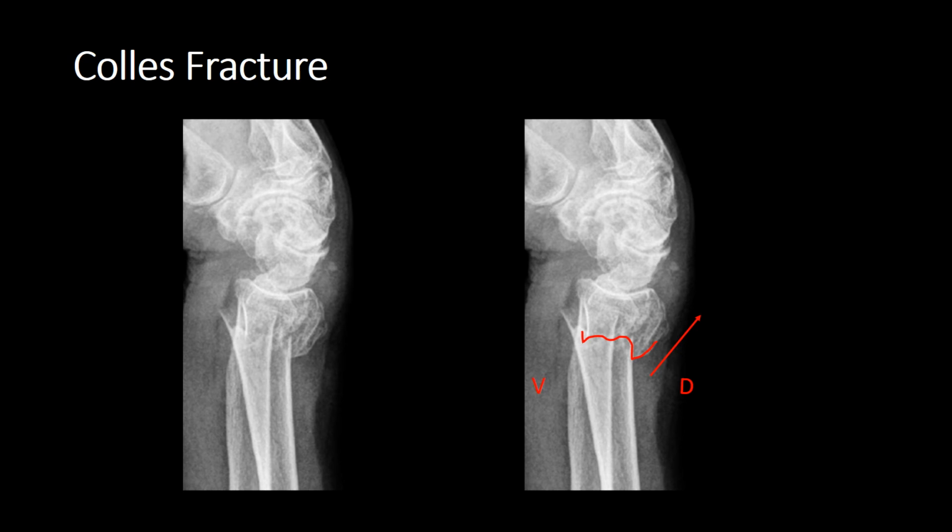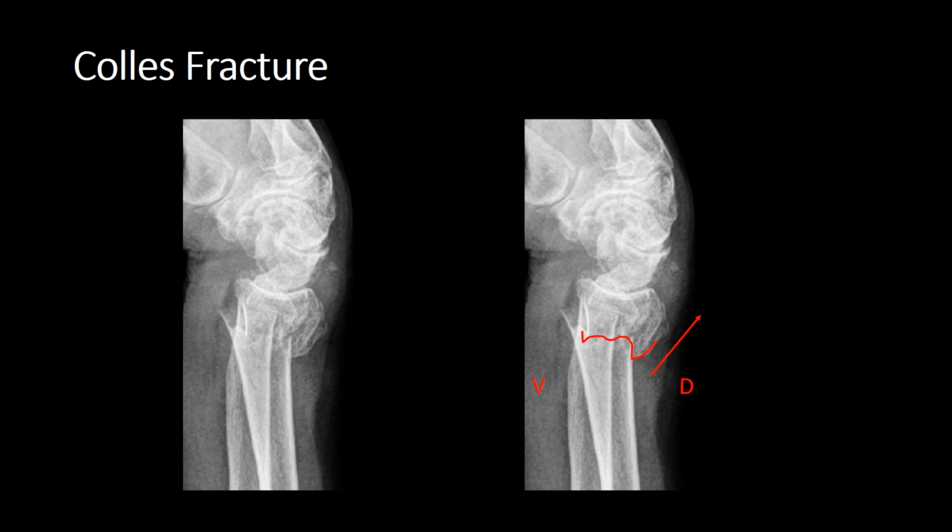If we look at the radial articular surface, it should have a normal radial volar tilt angle of 10 to 15 degrees. So what do I mean by the radial volar tilt angle? Well, the radial meaning pertaining to the radius, volar, so the angle should be tilted volarly rather than either neutral, where you have no angulation, or in this case where the radial volar tilt angle has been reversed because of the degree of angulation of the fracture fragment.